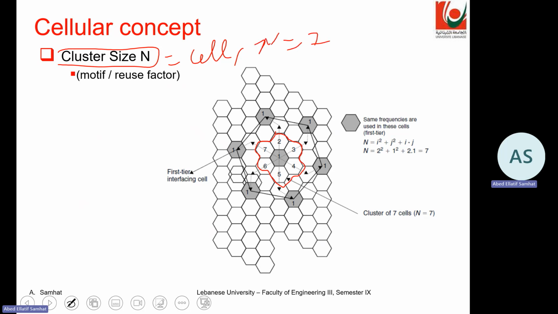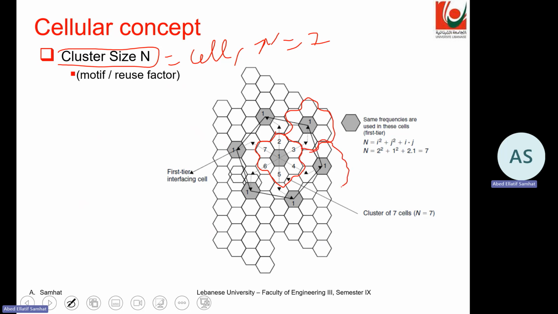So we have 7 cells, and in this case all radio resources are used within those N cells, and after that we can reuse the radio frequencies in other 7 cells. If I have, for example, 100 frequencies, I will use them over those 7 cells, and after that I can reuse them on the other 7 cells.